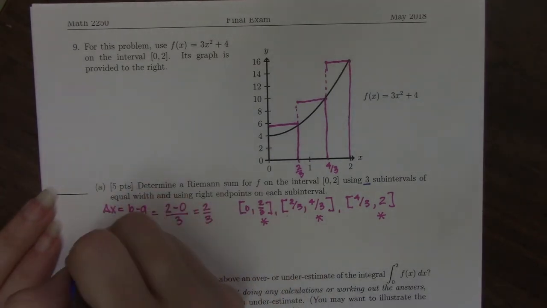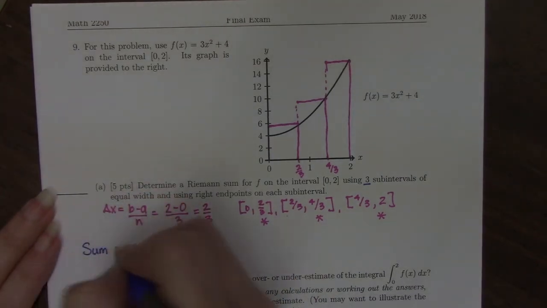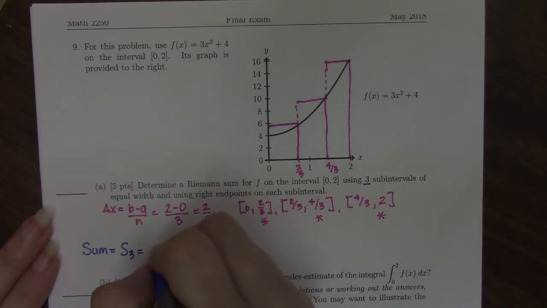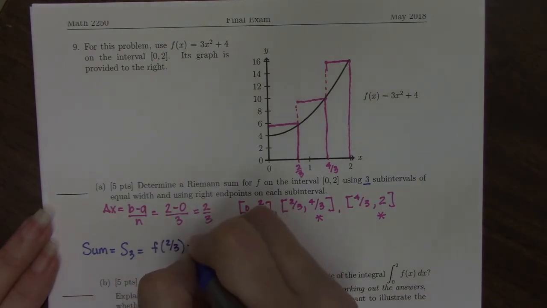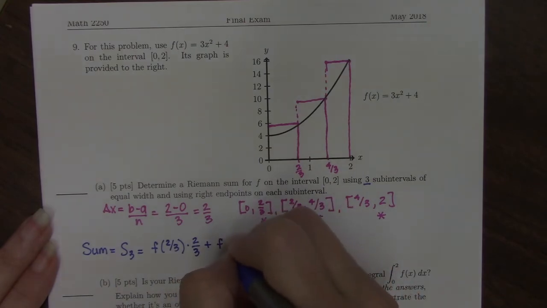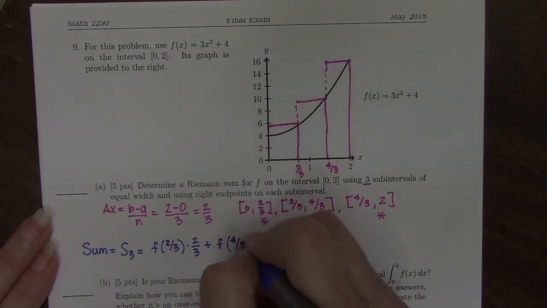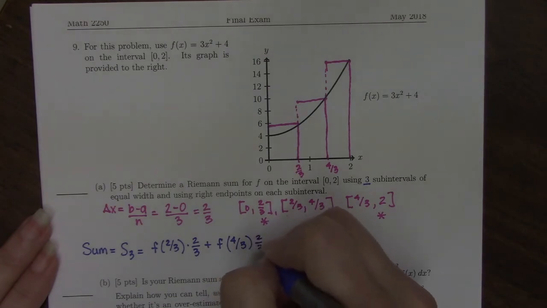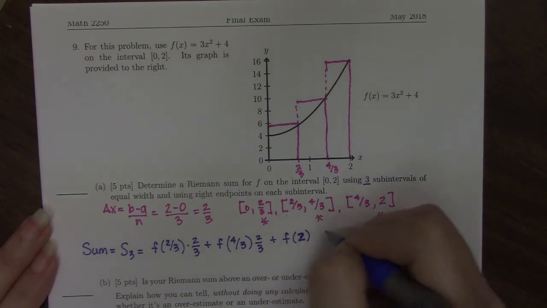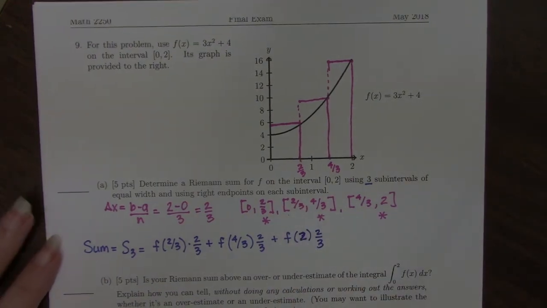So my Riemann sum, which you can also notate as S sub 3 because it's the sum of 3 rectangles, is going to be the height of my first rectangle, f of 2/3, times the width of 2/3, plus the height of my second rectangle, f of 4/3 times 2/3, plus the height of my third rectangle, f of 2 times 2/3.